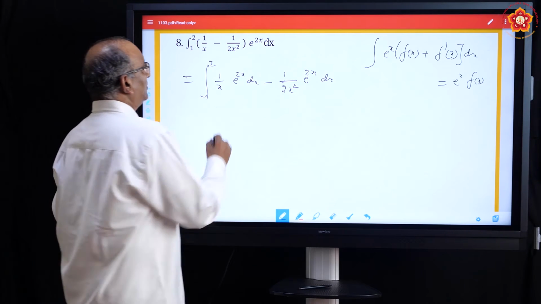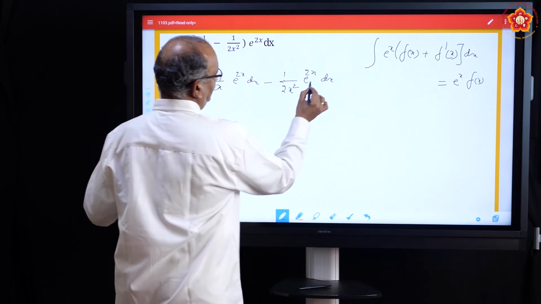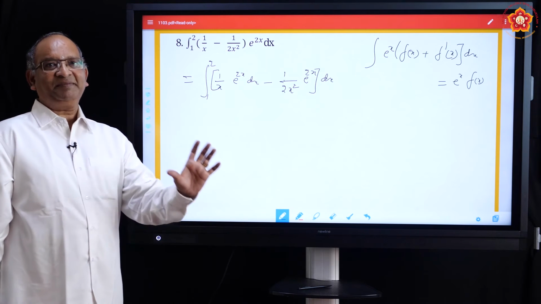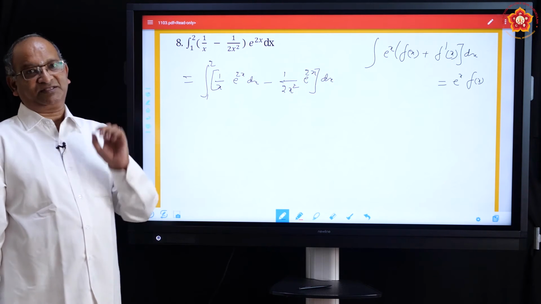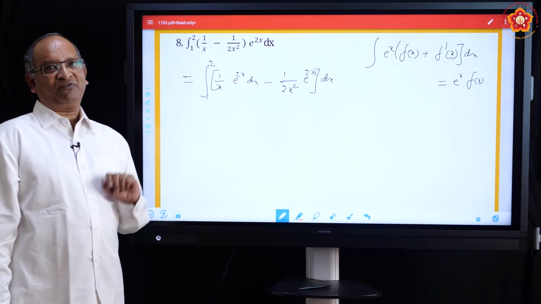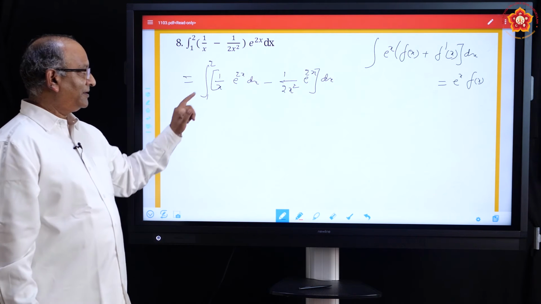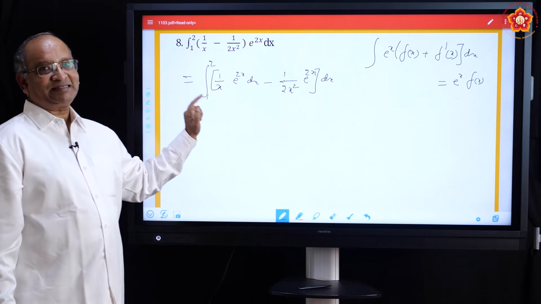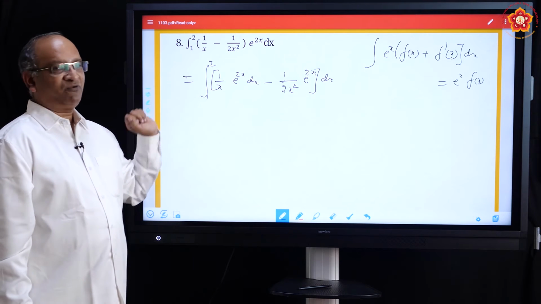What did we do? We separated into two parts. One of them is f of x, another is f dash x. You should be able to guess which one should be f of x. Try doing the first one as assuming it as f of x.